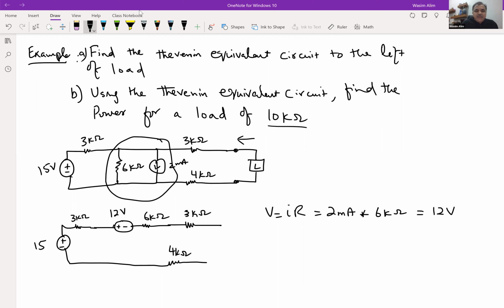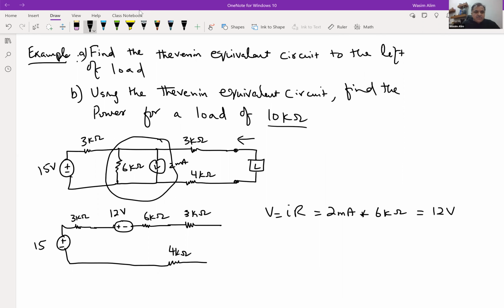Now we can combine these two sources, since voltage sources in series can be combined to find the equivalent voltage. Similarly, the 4 resistors in series can also be combined together, right? So you can use this process to find these quantities here.